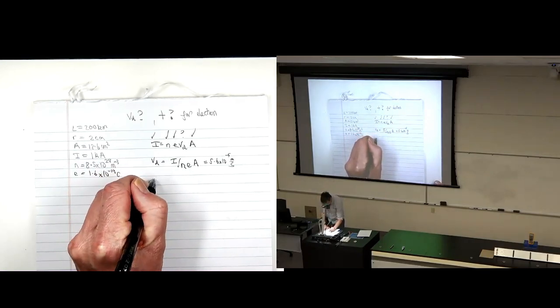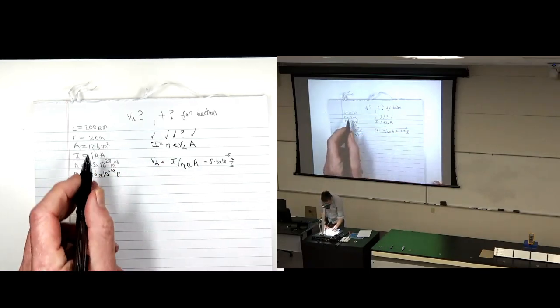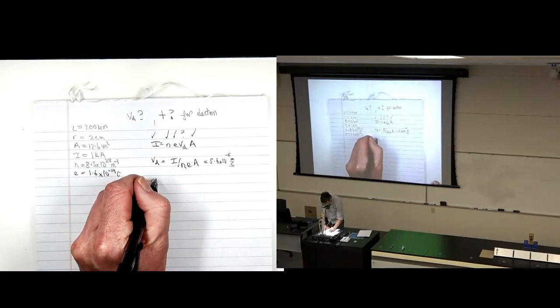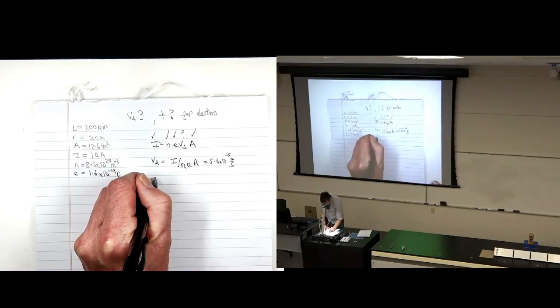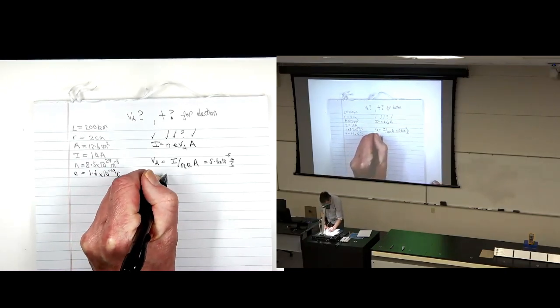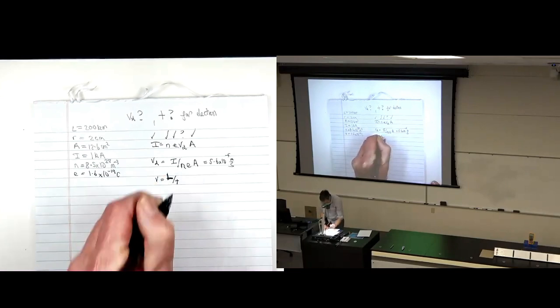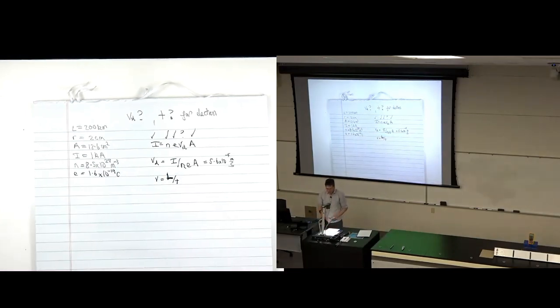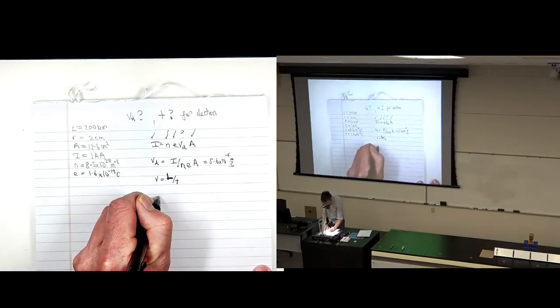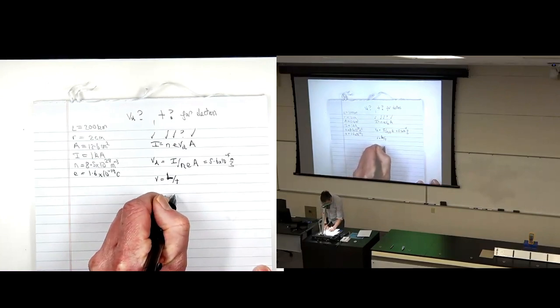If we want the time that it takes them to get down this length of wire, then let's think about the definition of speed or velocity. It is the distance traveled, which in our case would be the length of the wire, divided by the time taken. That's the definition of speed, right, or velocity. So I could turn that around and find out the time that it takes by dividing through by v, multiplying by t.